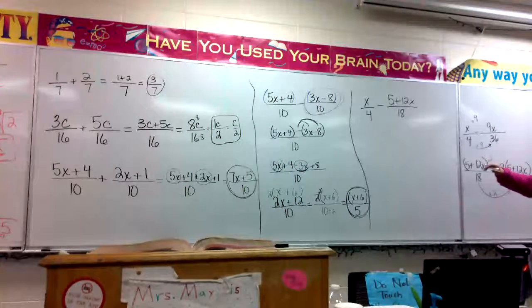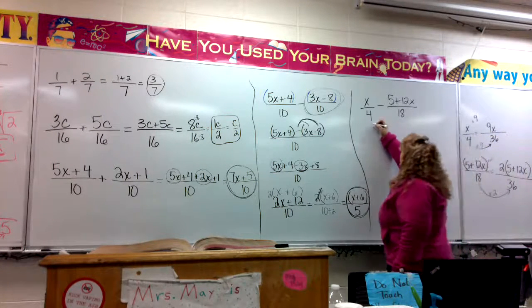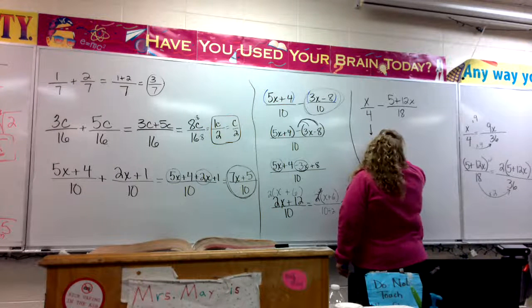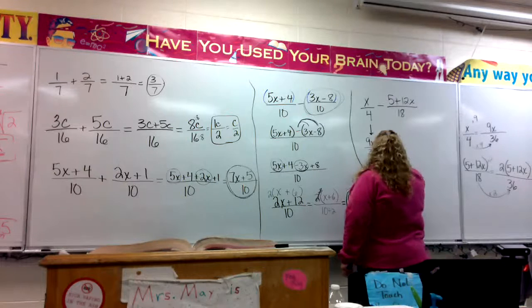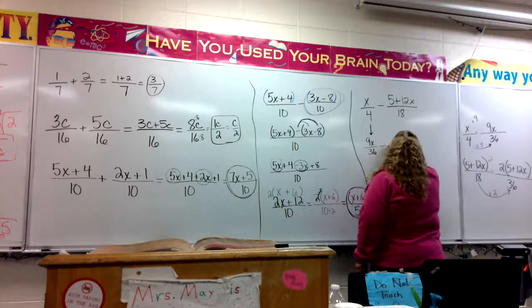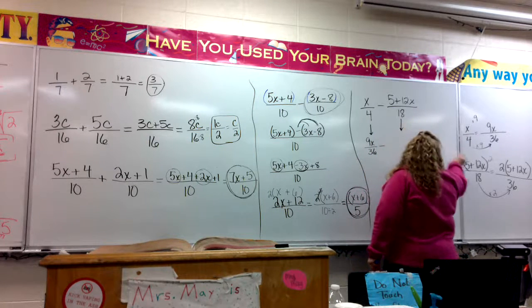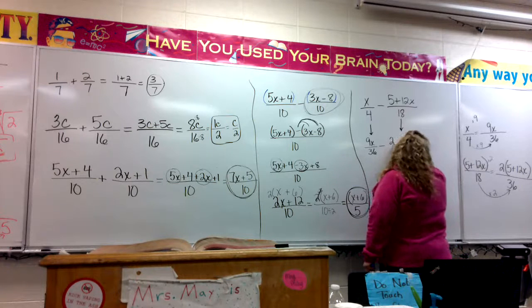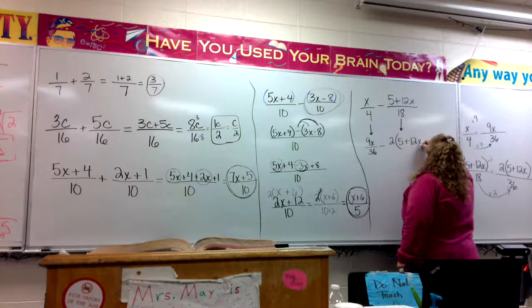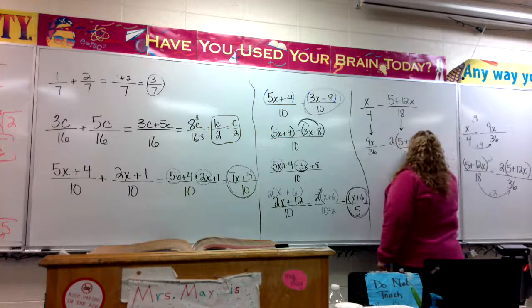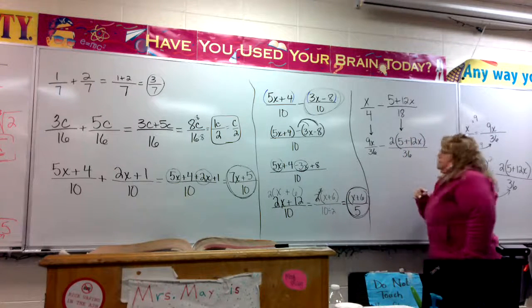Now we're actually going to take these. What is x over 4? The equivalent fraction is 9x over 36. Take away this one, the equivalent fraction, 2(5 + 12x) over 36.